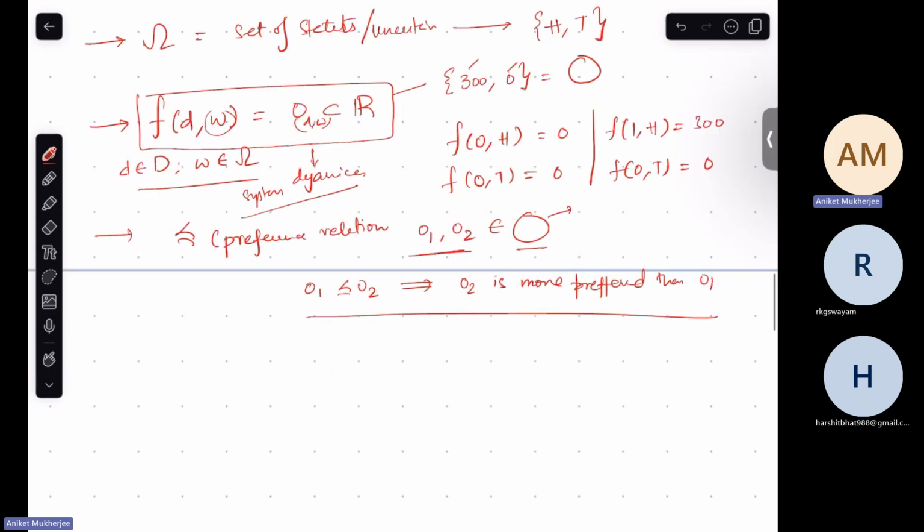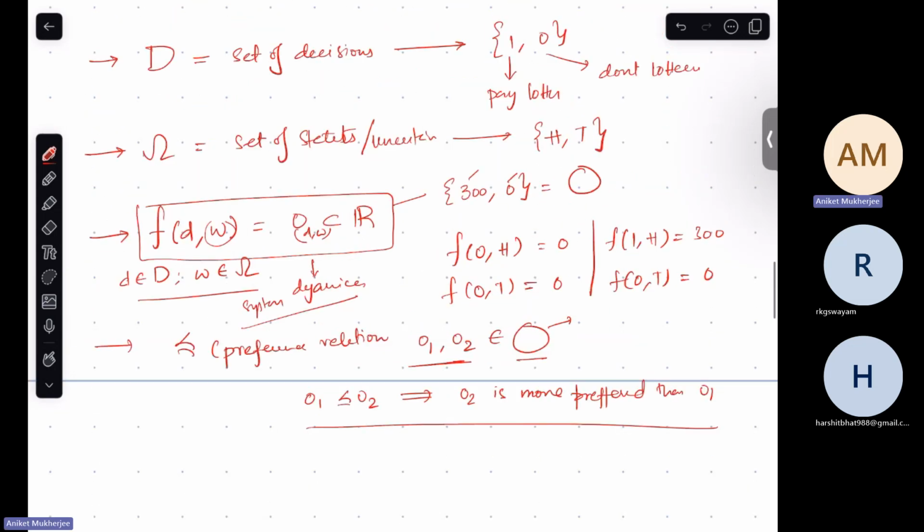Okay, so these four are your basic models that you need to remember. You have a set of decisions, you have a set of states that the uncertain random variable can take. You have the system dynamics where you give a decision, it randomly generates an omega from the set of uncertainty and it gives you an outcome.